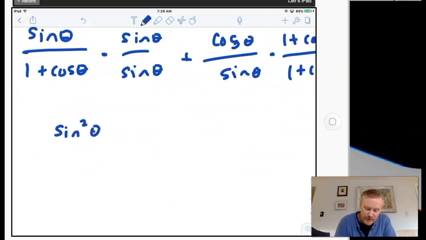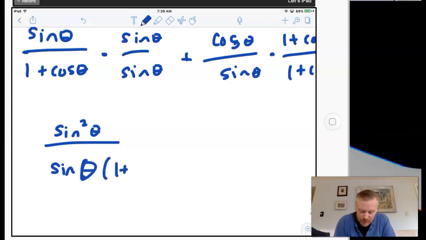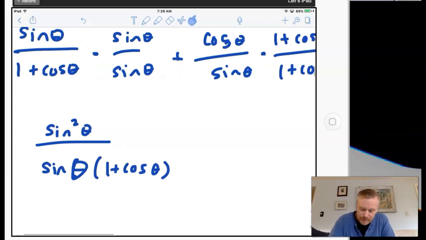So numerator, sine times sine is sine squared. My denominator is going to be, I'm not going to multiply this out, the whole thing. It'll be sine of theta times 1 plus cosine of theta. Okay.